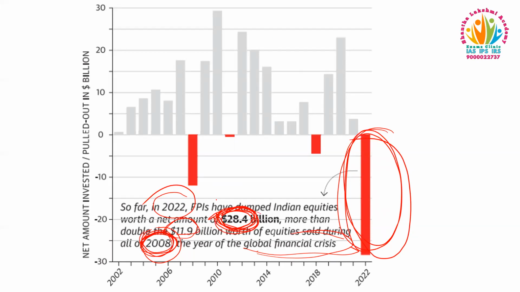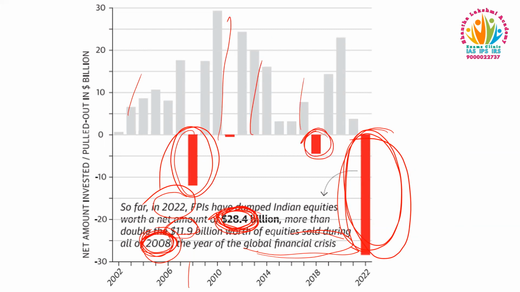See the chart here. It has been rising till 2008, right? Here, the global economic crisis has occurred. Then it increased, and in 2018, it slightly decreased. Now, see the number here, $28.4 billion have been dumped out of Indian equities.